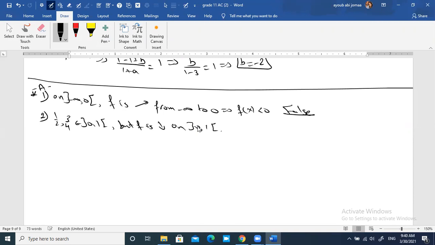So 1 over 2, which is less than 3 over 4, implies that f of 1 over 2 is greater than f of 3 over 4 because it is decreasing. Meaning as x increases, y decreases. This is false.